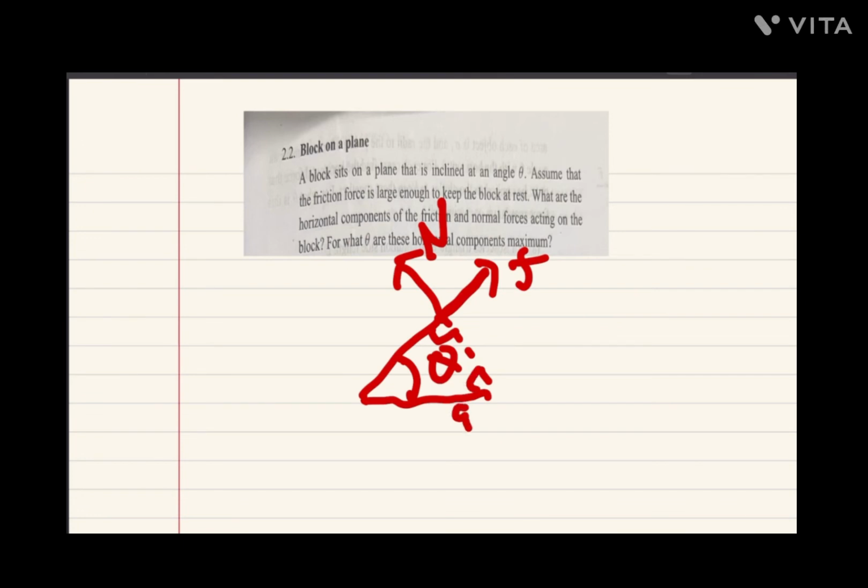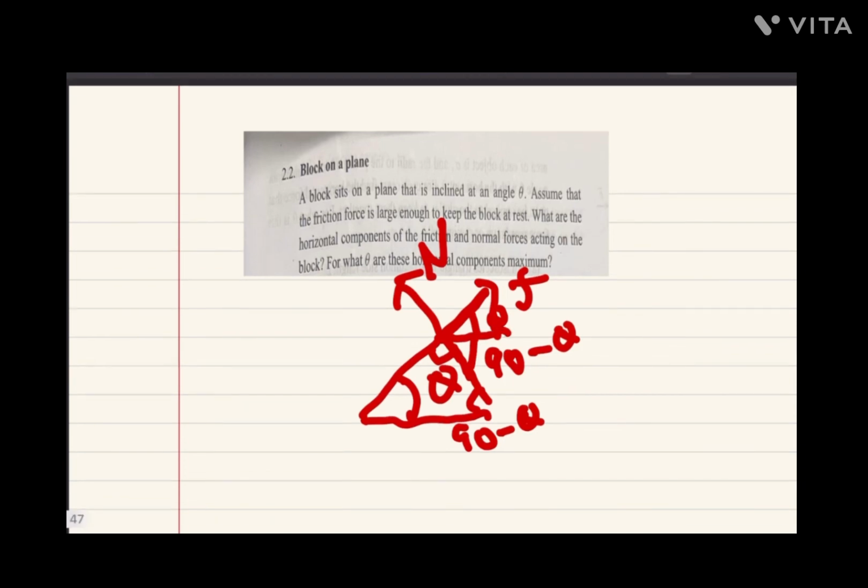So this angle should be 90 minus theta. If I draw a line parallel to the horizontal surface, we know these two are alternate interior angles, so this angle also should be 90 minus theta. And we know the frictional force is perpendicular to the normal force, so the direction in which friction is acting should be perpendicular to the direction in which the normal force is acting. So this total angle should be 90, therefore this should be theta.